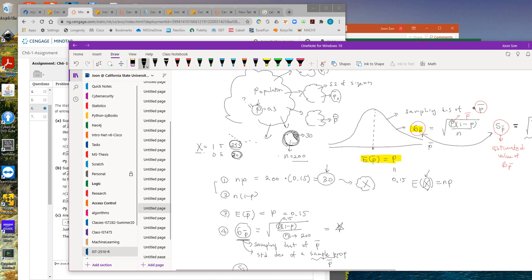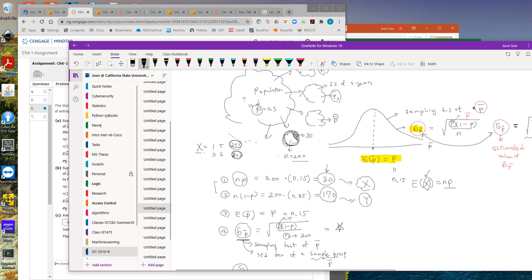When x follows the binomial distribution, the formula for the expected value of x is np. And obviously this is n times 1 minus p, so 200 multiplied by 0.85, and if you calculate, you will get probably 170. Let's say the random variable y also follows the binomial distribution.